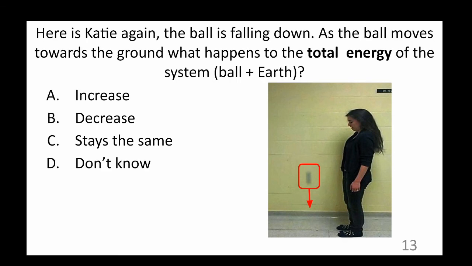One final concept test for today. As the ball moves towards the ground, what happens to the total energy of the system, including the ball and the Earth? In this case, the total energy will remain the same. Remember, the energy is conserved, so the total energy will not change while the potential energy is converted into kinetic energy.